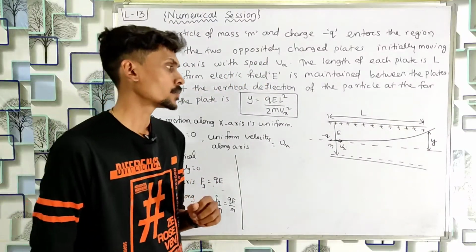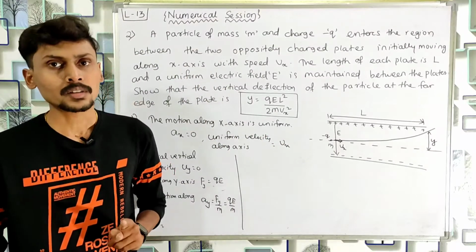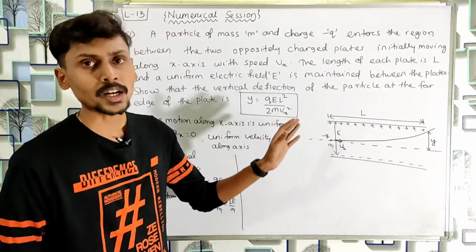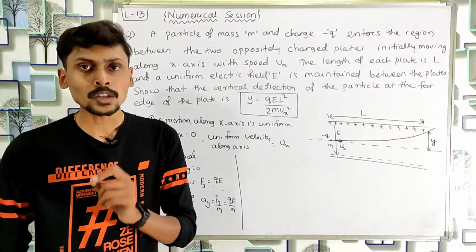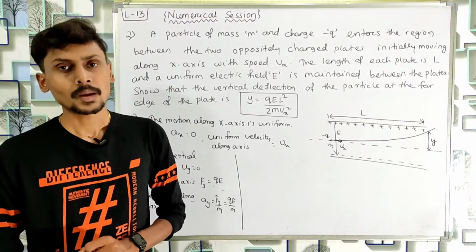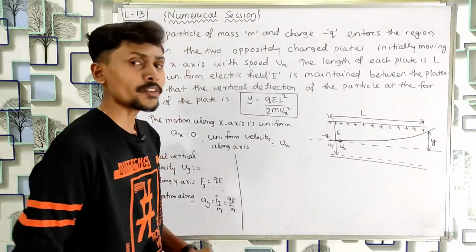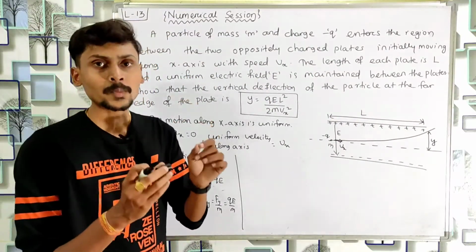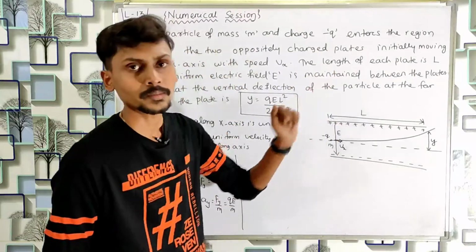So remember that since here we have two motions, only one motion is responsible to help the charged particle to cross this plate, and that motion is the horizontal motion, because this length is along x-axis. If there is no horizontal motion, only the charged particle will have vertical motion, then the charged particle will move in this direction.